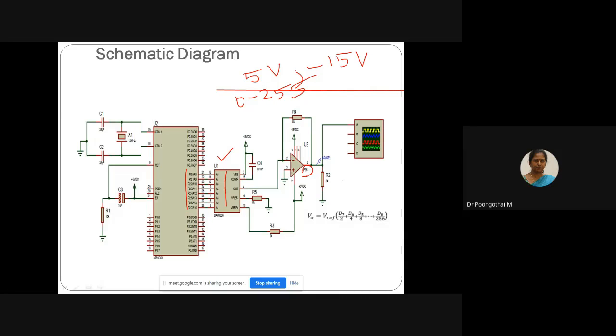So we can apply the values from 0 to 255, in hexadecimal 00 to FF. After applying the inputs, the DAC converts the input data into analog current I output.